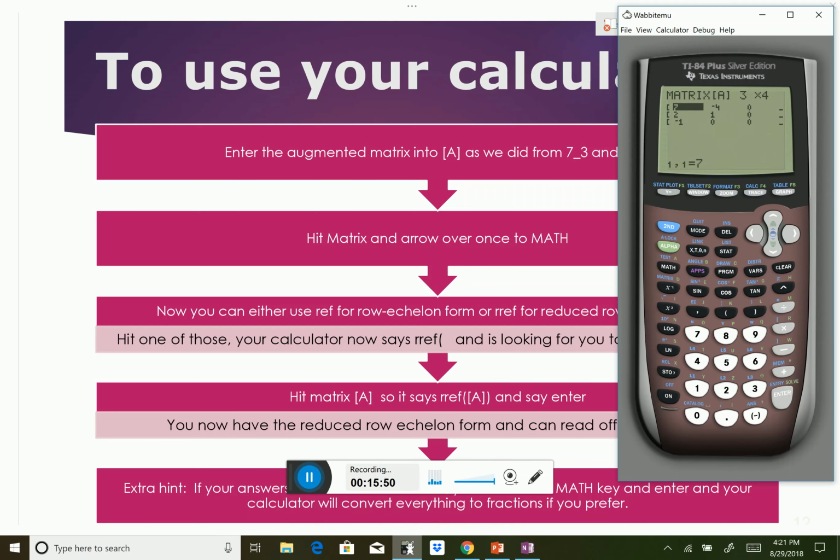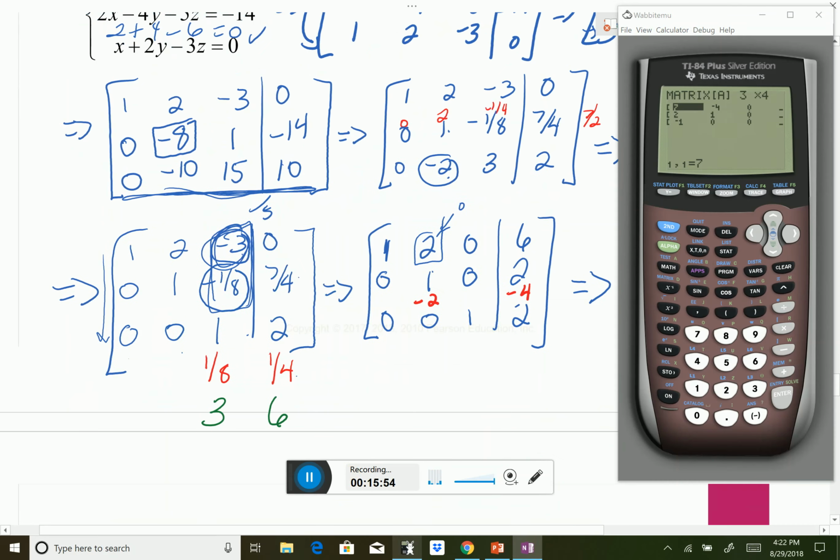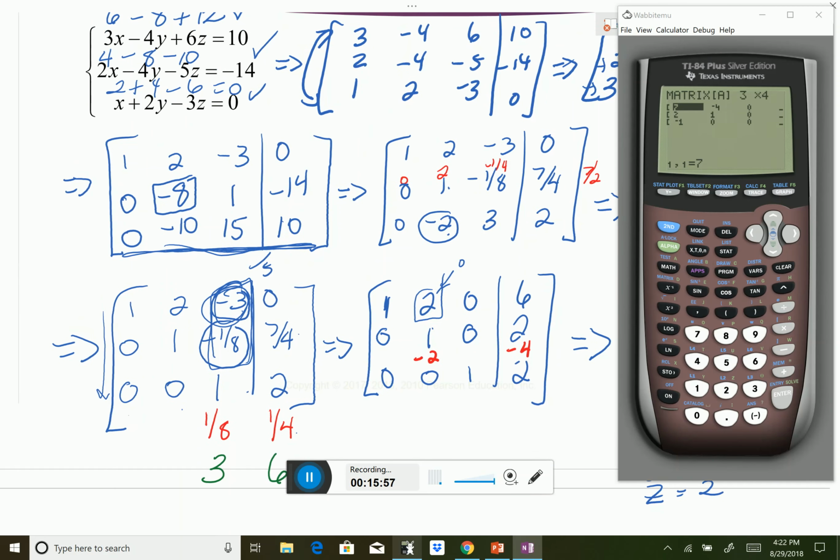So now I'm going to enter the augmented matrix. I'm going to use this one we had. 3, negative 4, 6, 10, 2, negative 4, negative 5, and negative 14.